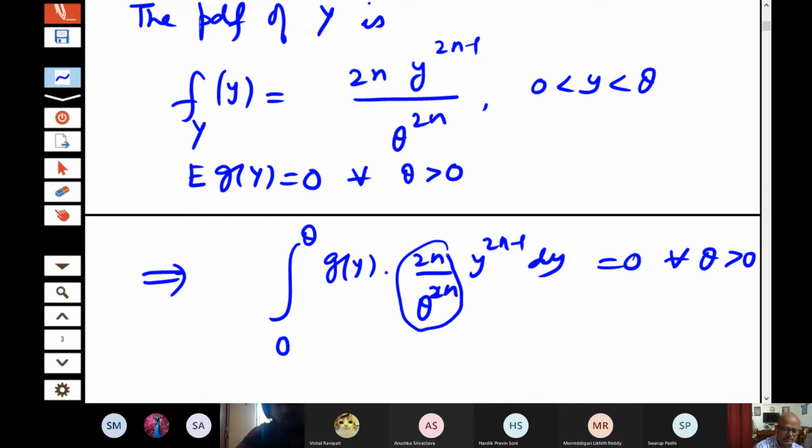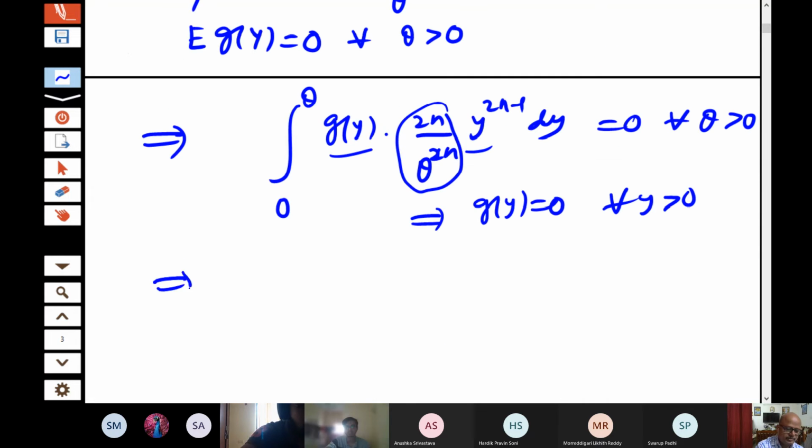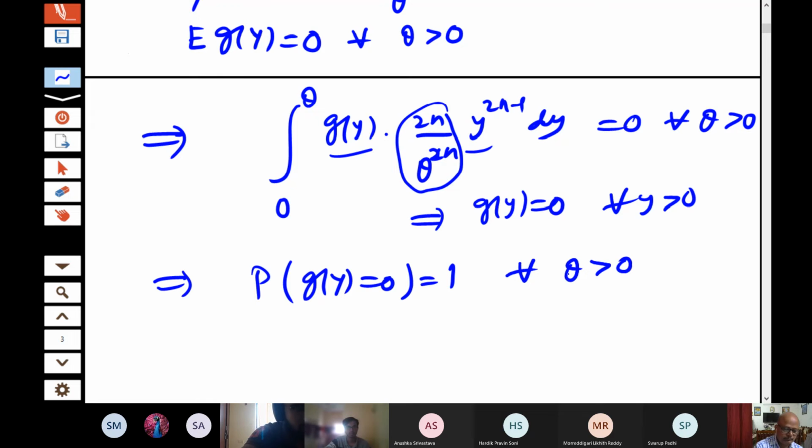These are all constant terms. Now you are saying the integral of a certain function of y over the interval 0 to theta is 0. This implies that g(y) itself must be 0, so the probability of g(Y) equal to 0 is 1. Therefore Y is complete.